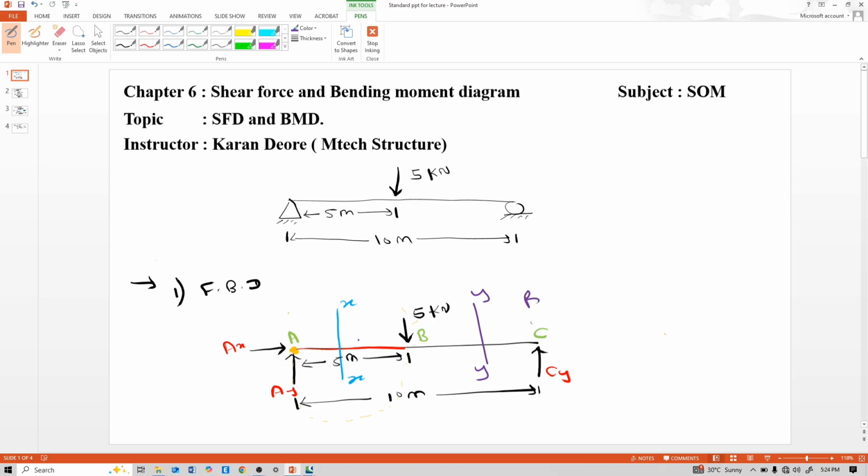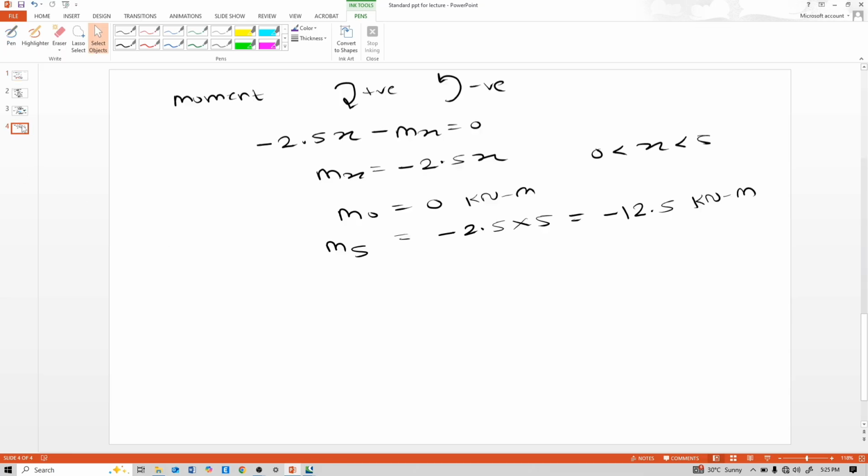This left side has too many loads. So I select this right side, CCY, section YY.